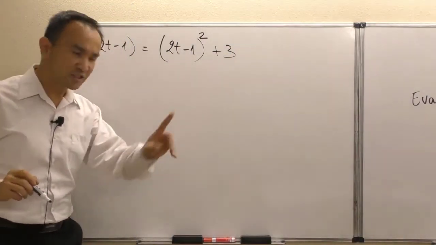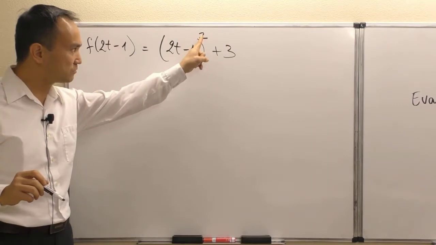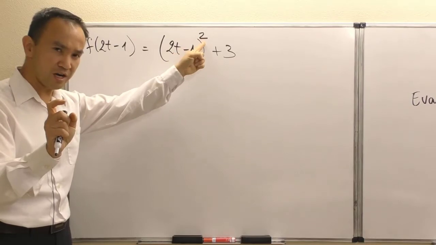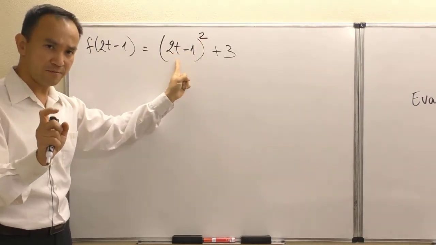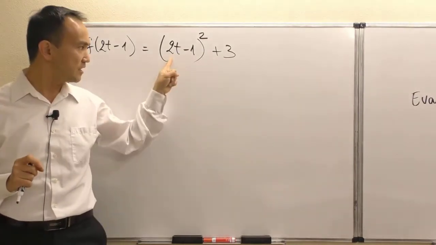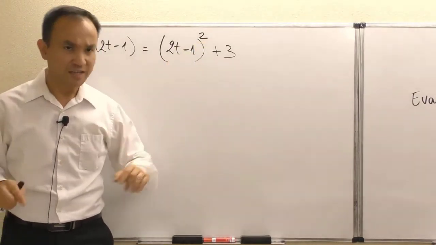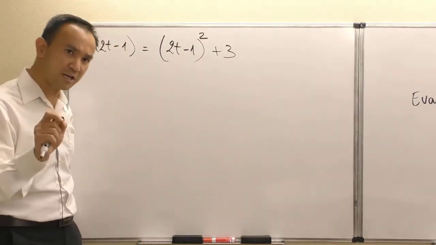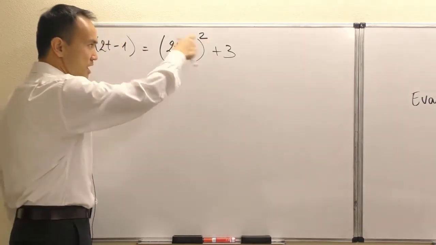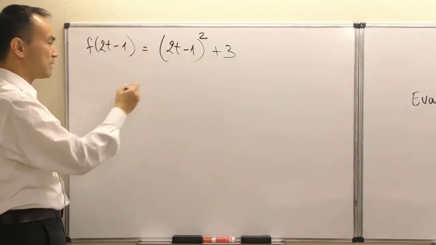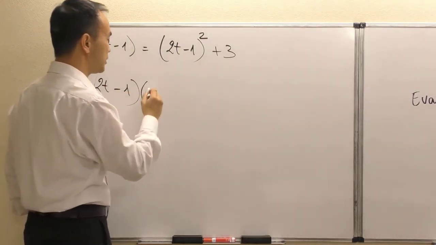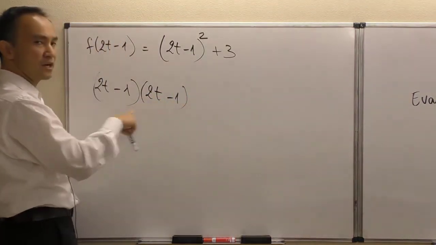Because the setup looked like that, what I have here as the first term is a perfect square of a binomial, a two-term expression. So the entire two-term expression here is being squared. We can start moving slowly and bring in your understanding from your prerequisite course. This square on the entire binomial means you can think of it as 2t minus 1 times 2t minus 1. It's a product of two identical factors.